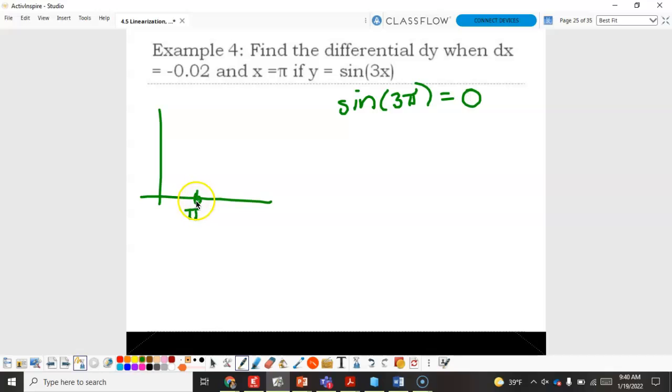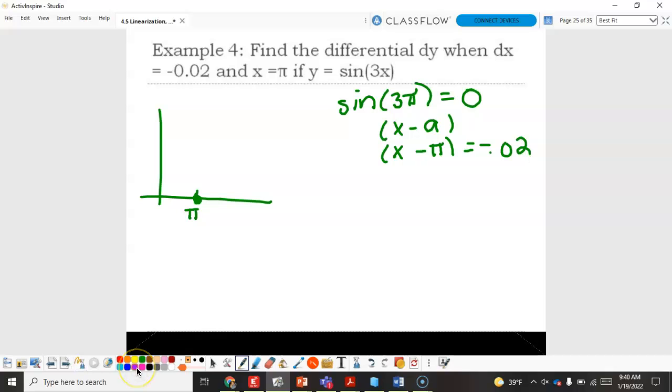So this is my initial starting point. The dx value is negative 0.02. So when I did x minus a, my a is pi, I need that answer to be negative 0.02, which means I'm going left of my point.